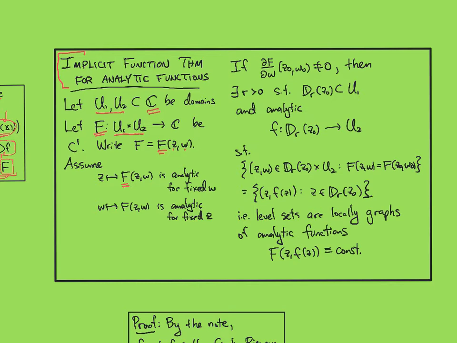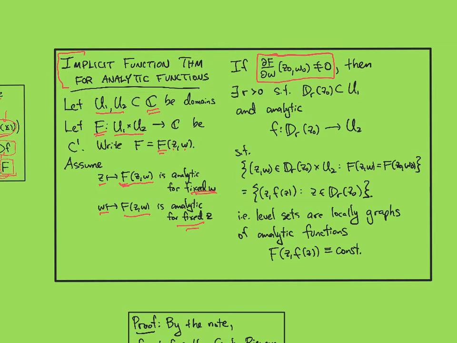So z maps to F of z, w is analytic for fixed w, w maps to F of z, w is analytic for fixed z.